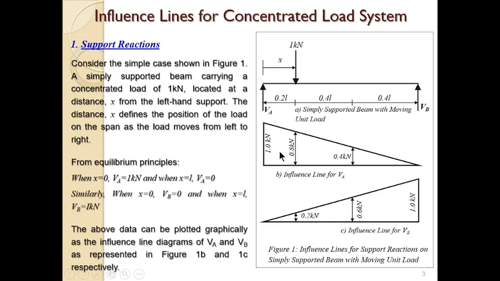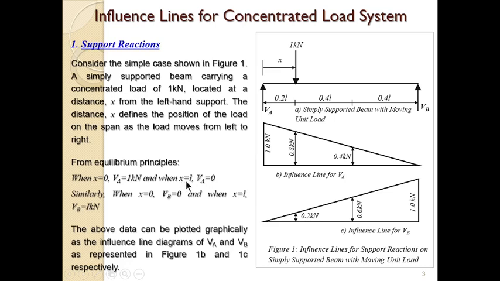So with the above information, we can plot the influence line for reaction at A, that is VA, and reaction at B. Let's start with reaction at A. So remember when X is equal to 0, VA was 1. That means at this point, the magnitude of VA was 1 kilonewton. That's why we have 1 kilonewton here.